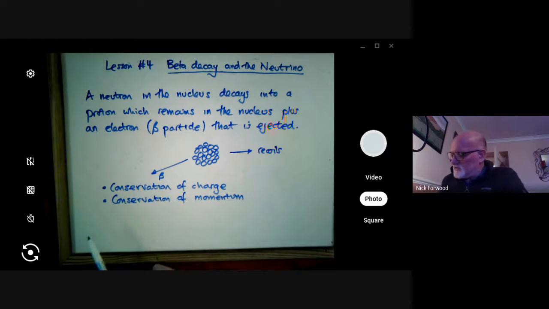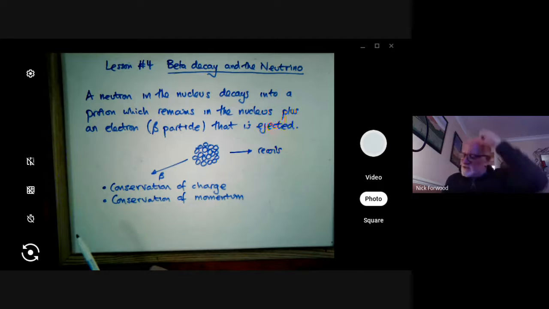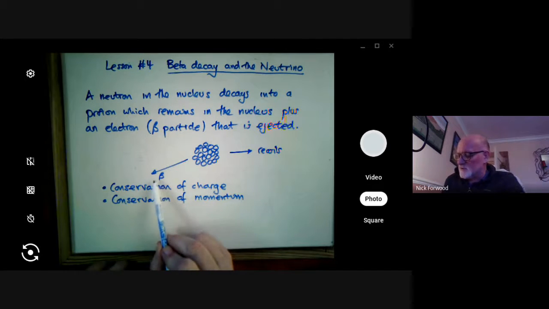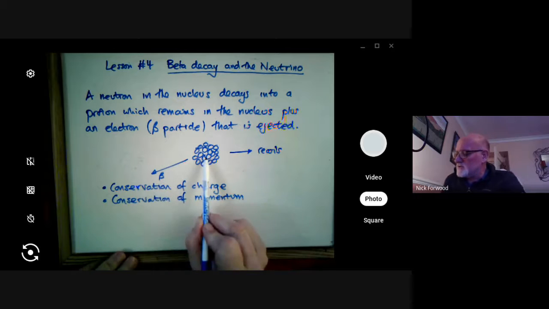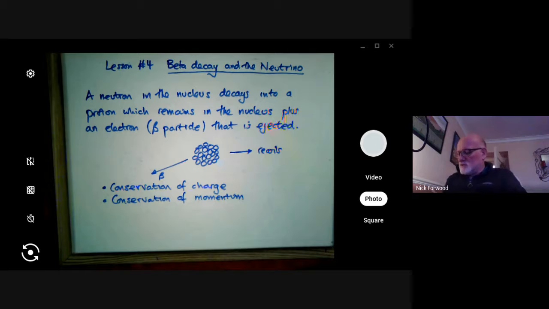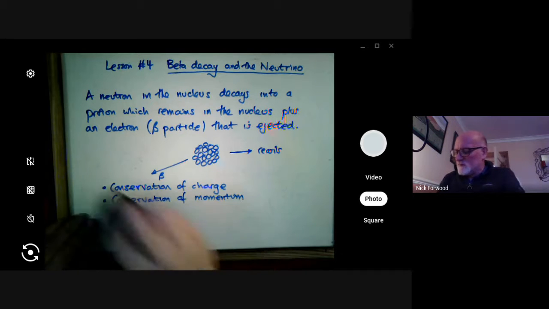And we'll look at conservation of charge first. Now that basically means, look, we start off with a neutron which has got no charge, and we are left with a negative beta particle which comes out, but a positive proton remains in the nucleus. So let's look at this conservation of charge first.